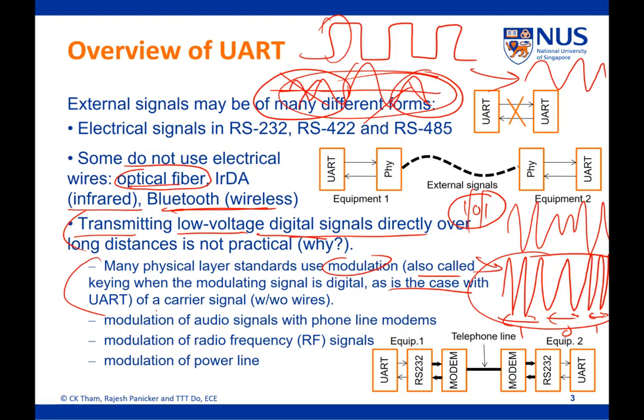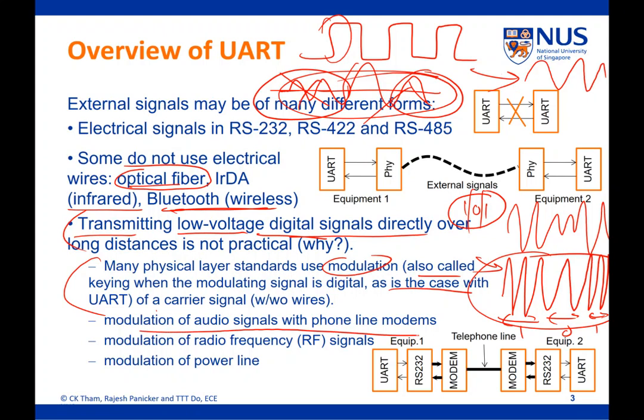Now, does it sound similar to a device which you use for your home internet connection? Heard of modems before? What is a modem? Modulator, demodulator. A modem is just an abbreviated version of modulator-demodulator. So whatever you send is modulated, and whatever you receive is demodulated by the modem.